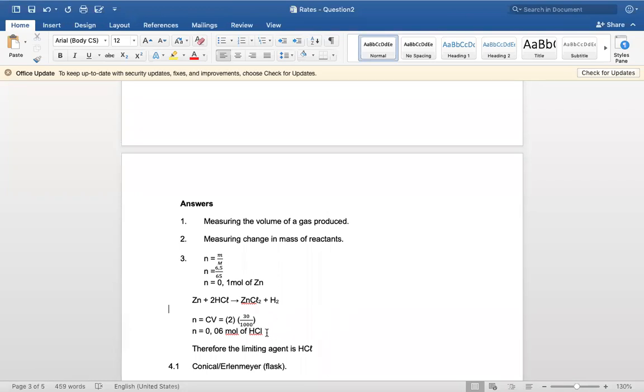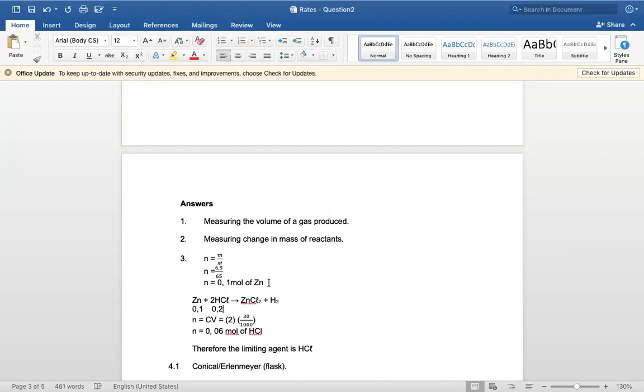Because according to the balancing number, Zn is 0.1, then your HCl will be 0.06. But how much HCl did you need? You needed 0.2 moles of HCl.